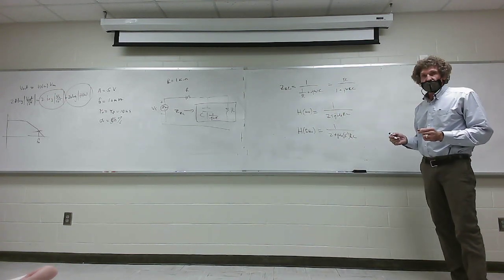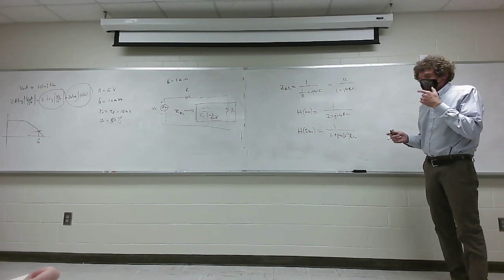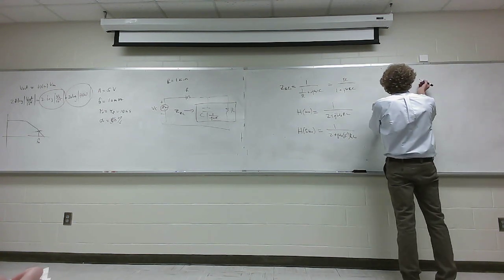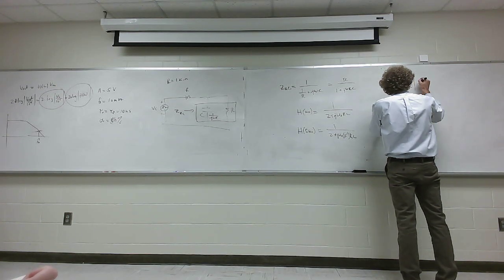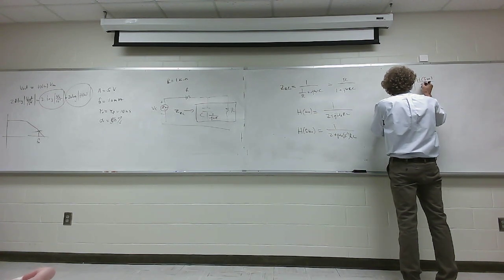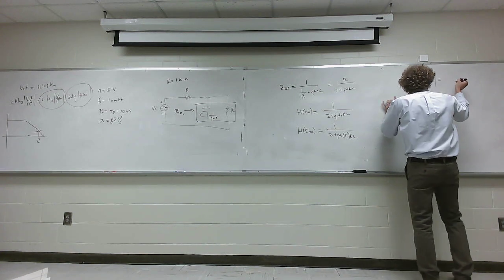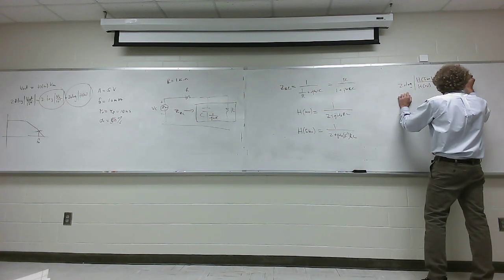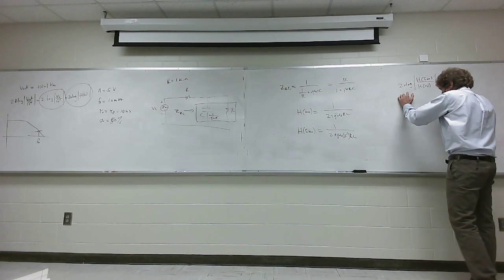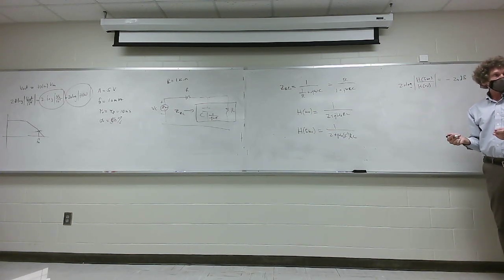I want a 20 dB reduction, right, in these two values, correct? What is a 20 dB reduction? Well, that would be 20 times the log of H of 5 omega naught over H of omega naught equal to minus 20 dB, right? And that, y'all follow me on this? That's a 20 dB reduction, isn't it?